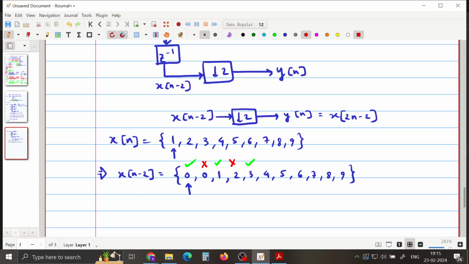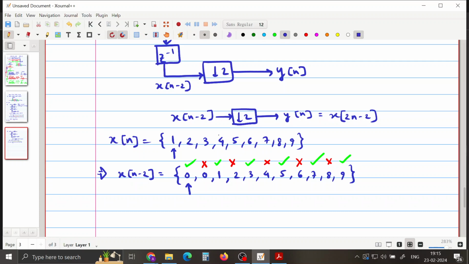So like this. 5 is passed, 6 is discarded, 7 is passed, 8 is discarded, and finally 9 is also passed.